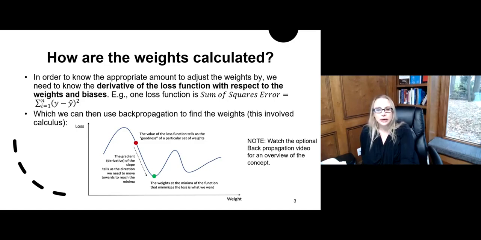What's going on here is we're looking at the gradient, that's the derivative of the line, which, remember, is the instantaneous slope at a given point. This is going to tell us the direction that we need to move toward at each point. If the value of the loss function is decreasing, that tells us it's good, and it would keep adjusting the weights until the loss function reaches a certain minimum.